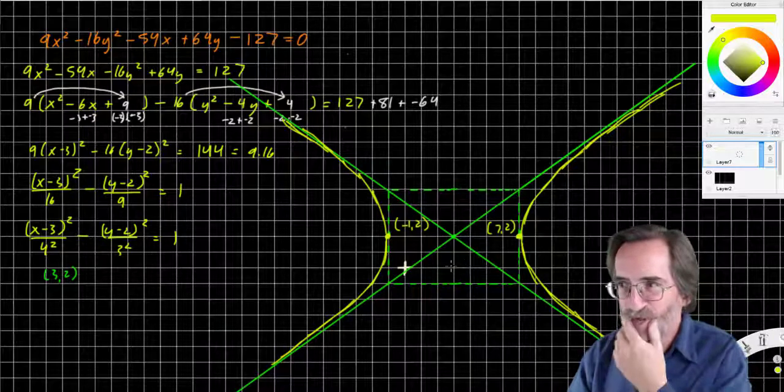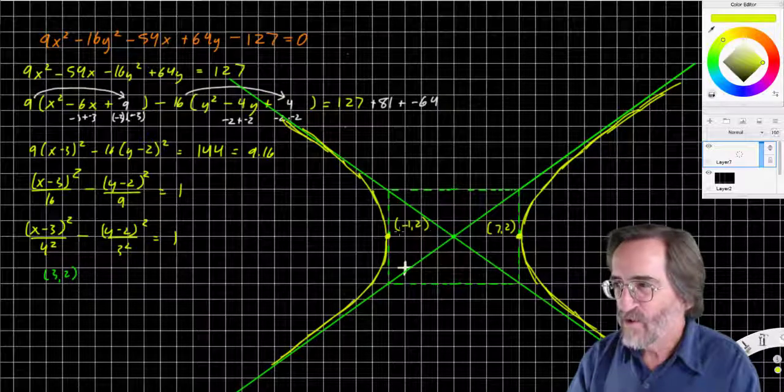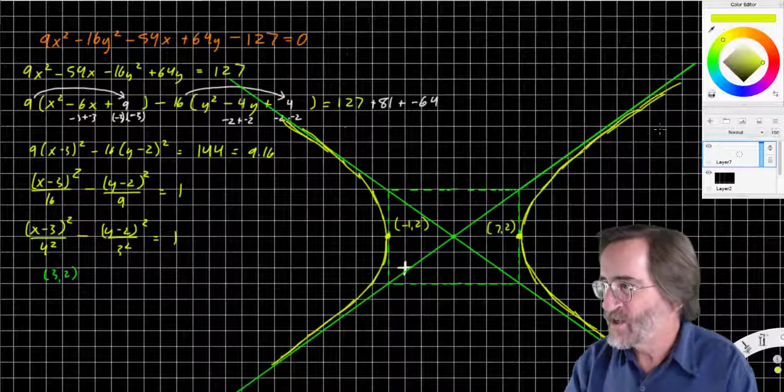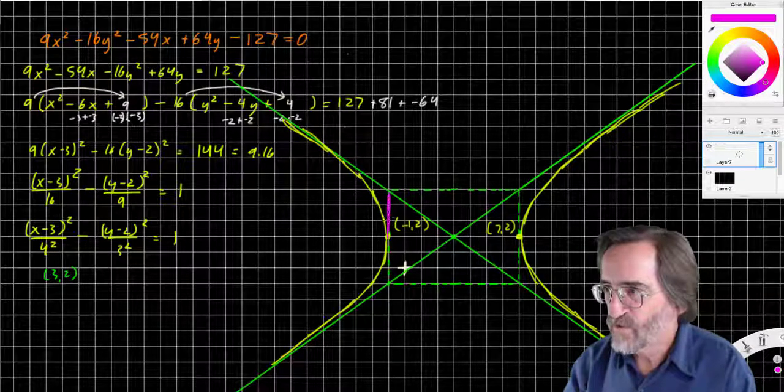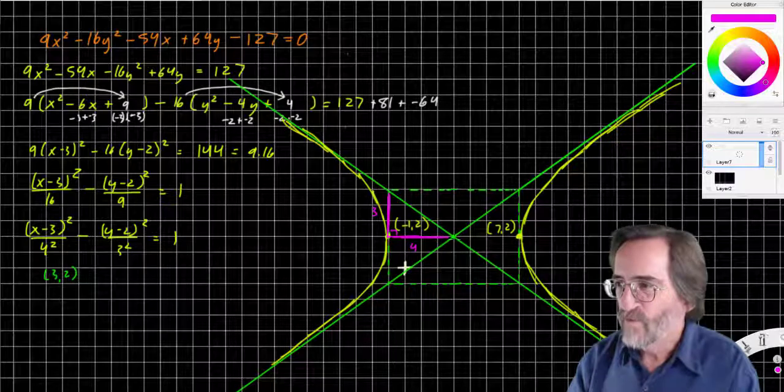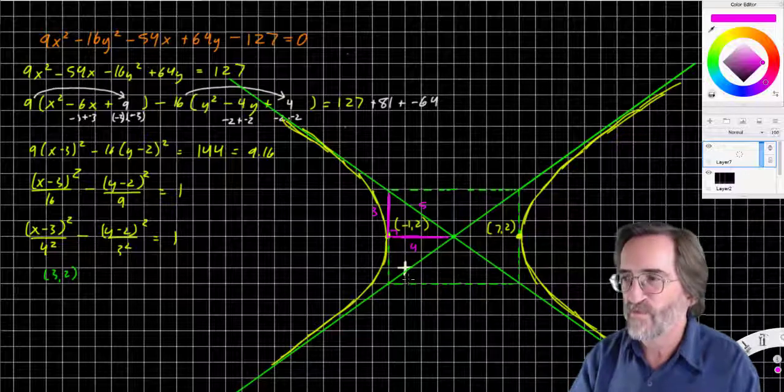The foci are equivalent to half the diagonal of the box here. Look at this right triangle. This side is 3. This side is 4. Well, 3 squared plus 4 squared equals r squared, or diagonal squared. This is going to be 5. This is a 3, 4, 5 right triangle.